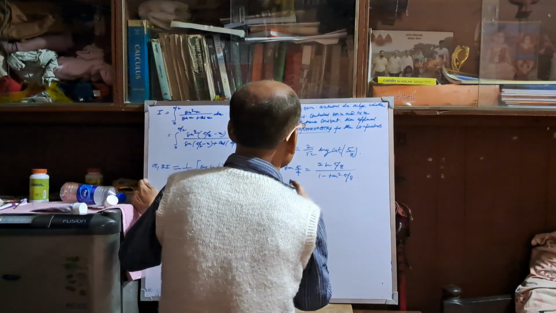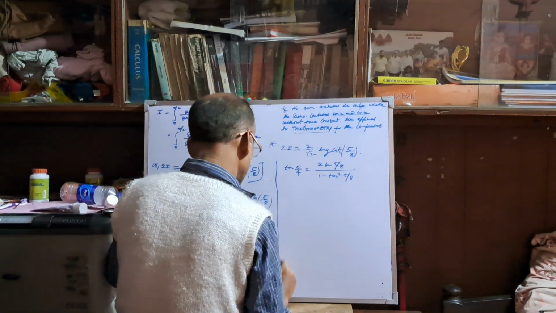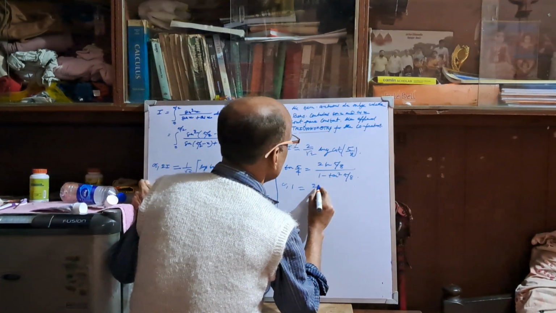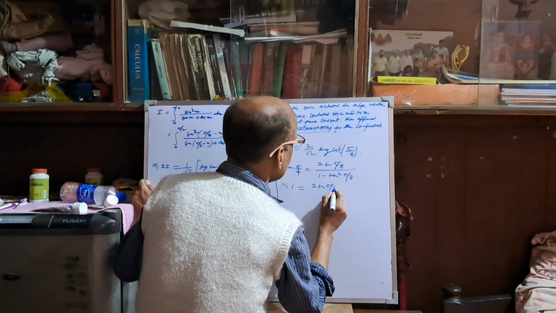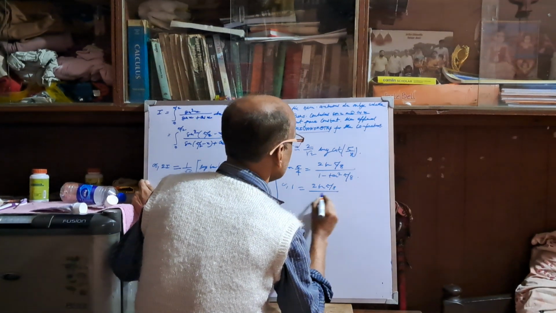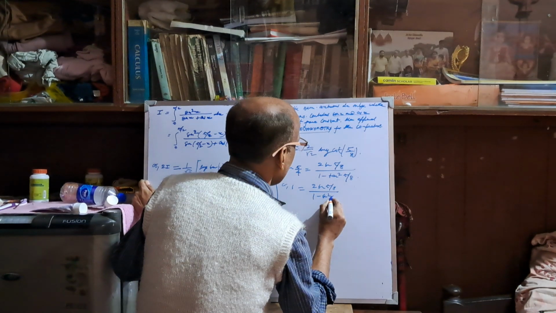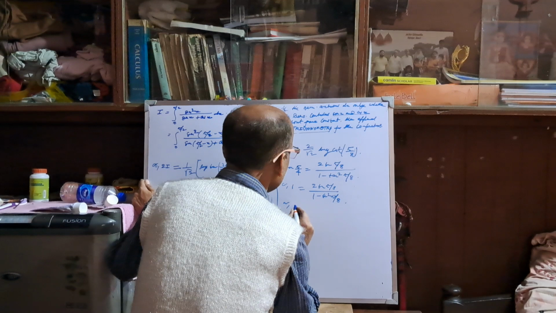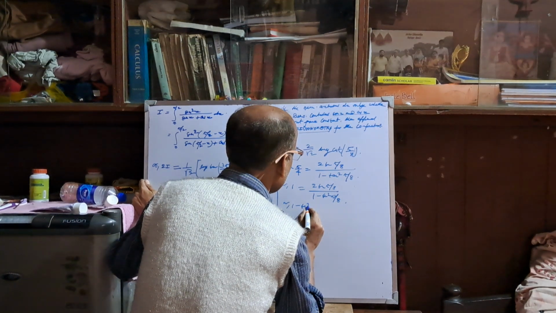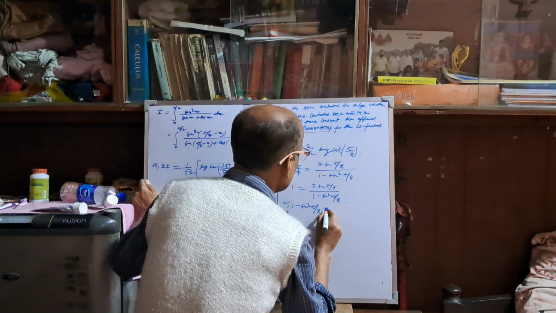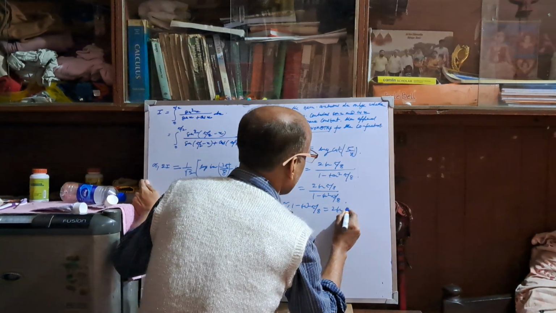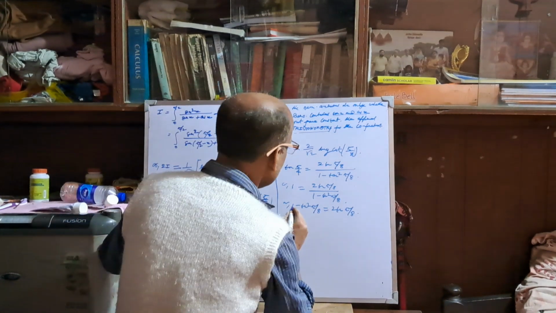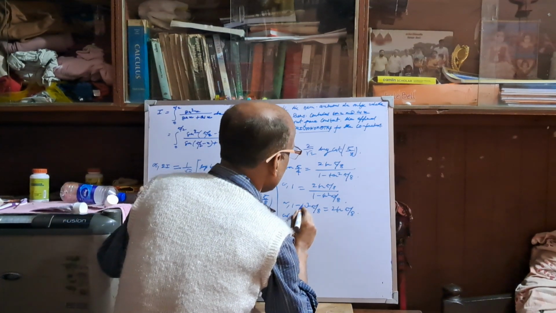The tan pi by 4 is 1, I can put here, and this will be 2 tan pi by 8, and this is 1 minus tan square pi by 8. Now, cross multiplication, we have 1 minus tan square pi by 8 is equal to 2 tan pi by 8.